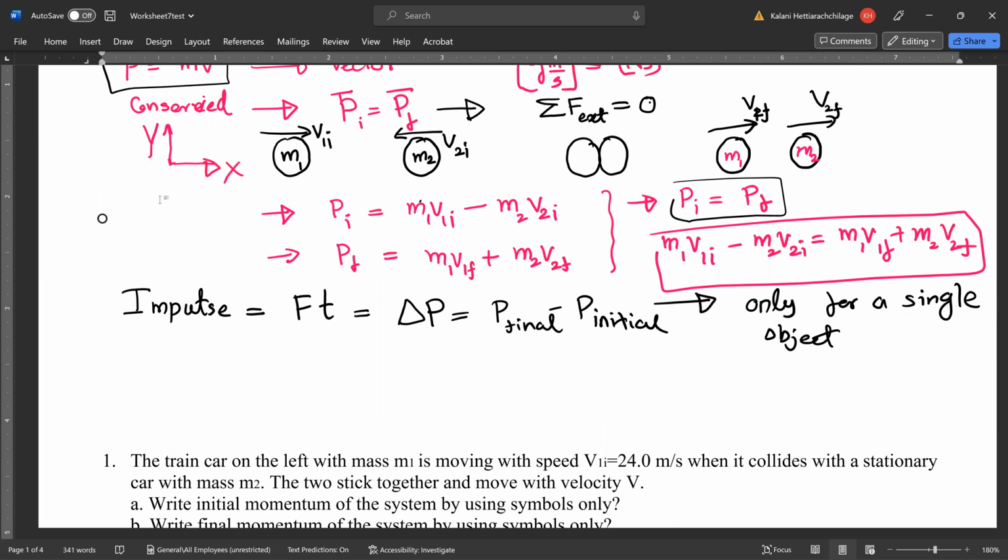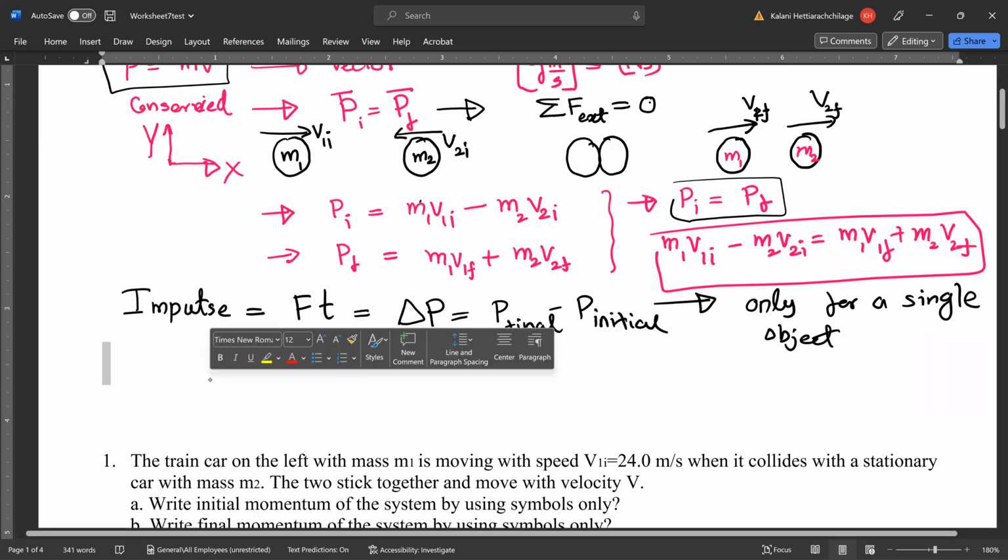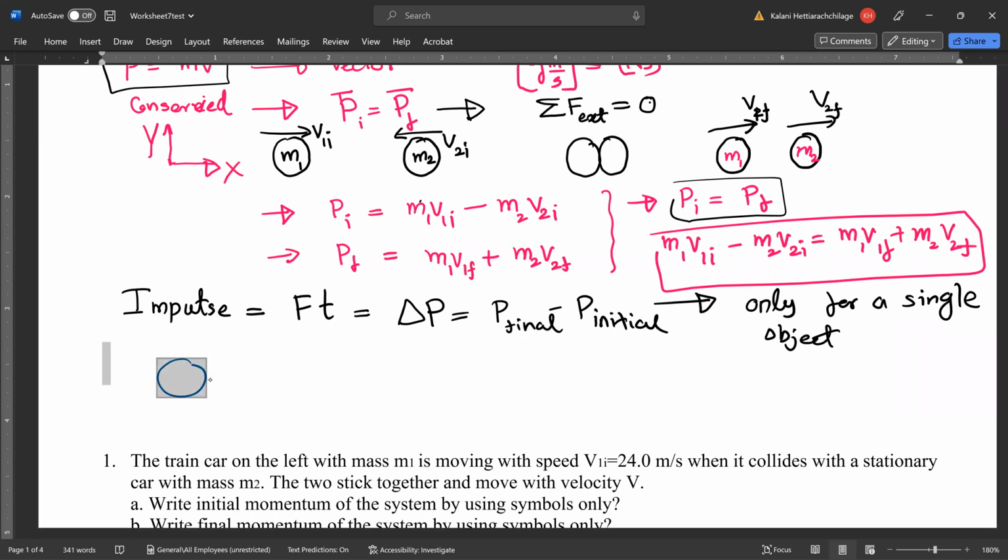But your objects are not always uniform. Objects can have irregular shapes. In that case, how do you find the center of mass? If you have two objects, we can do a simple example. If I have one object here and one object here, then it depends on the masses of these two objects.